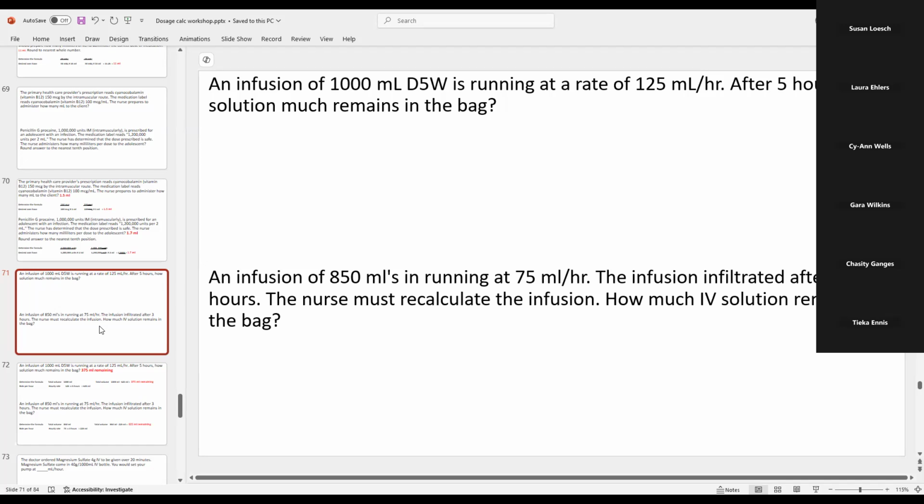So that means 625 went out of the bag already. You started with 1,000. So now you have to take your 1,000 and subtract that 625. And that gives you 375. Okay, let's see if you can do the second one. And then I'll pull up the answers.